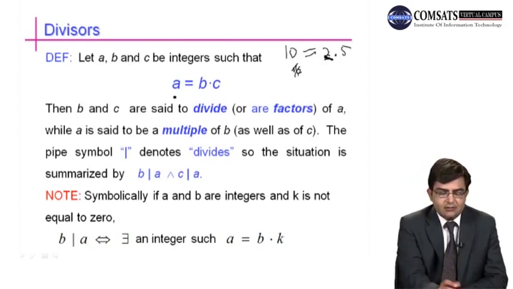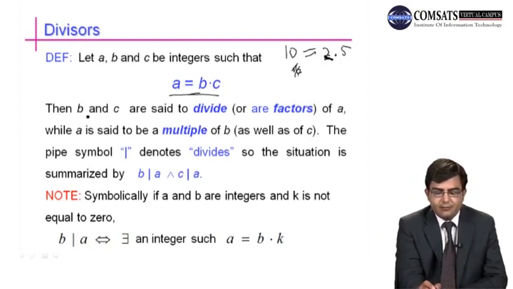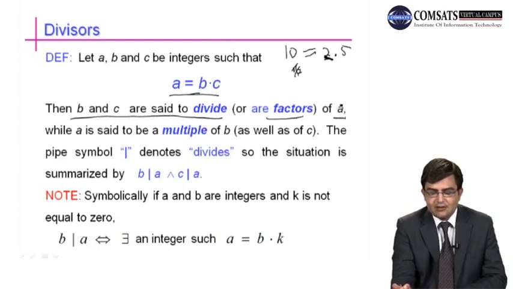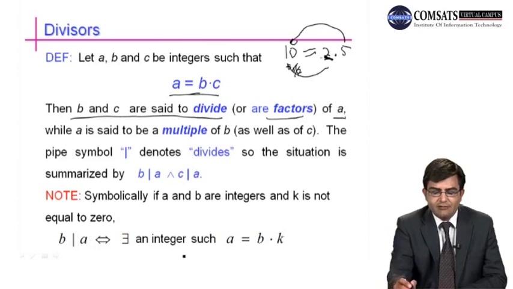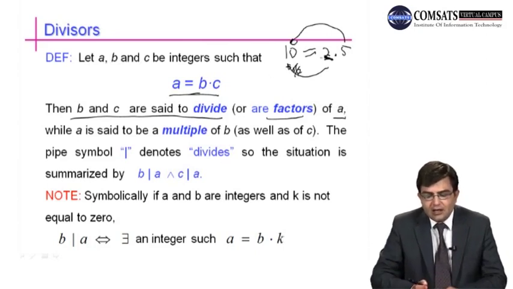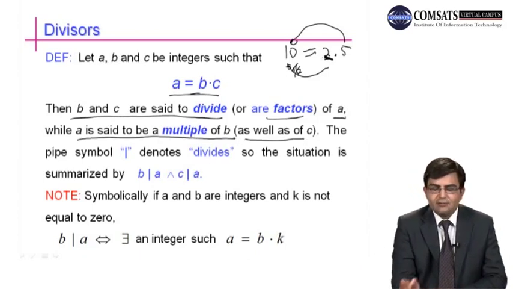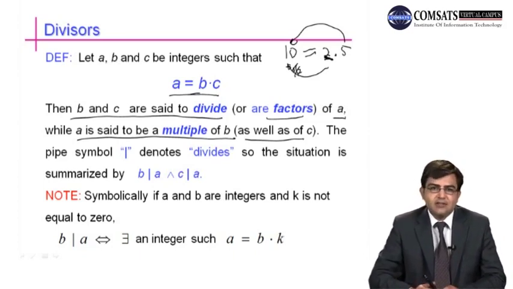Here we can say that if we can write A in terms of B and C, then B and C are said to divide, or are factors of, A. Here 2 divides 10, 5 also divides 10. We say that 2 and 5 divide 10, or 2 and 5 are factors of 10, and A is said to be a multiple of B as well as of C. 10 is said to be a multiple of 2 and 5.